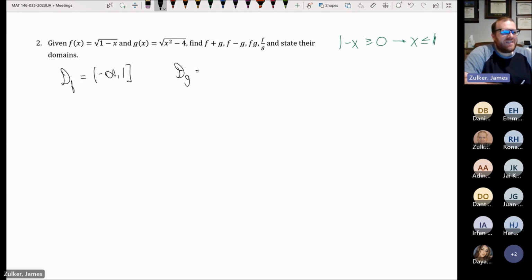Domain of g. Negative infinity to negative 2 closed, union with closed at 2 to infinity.